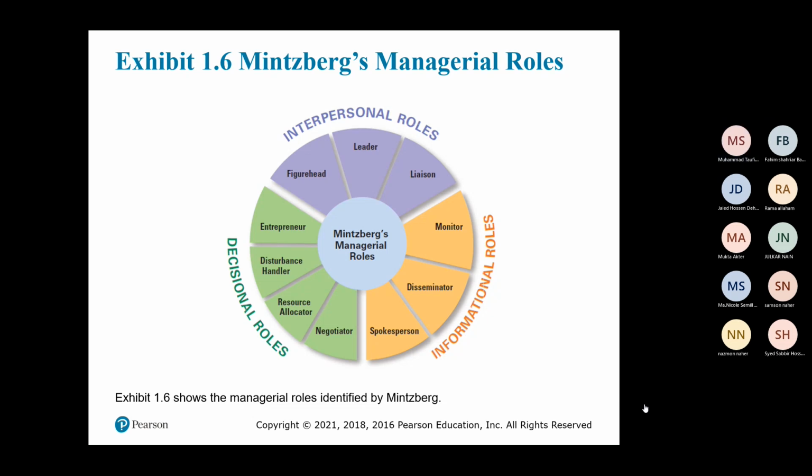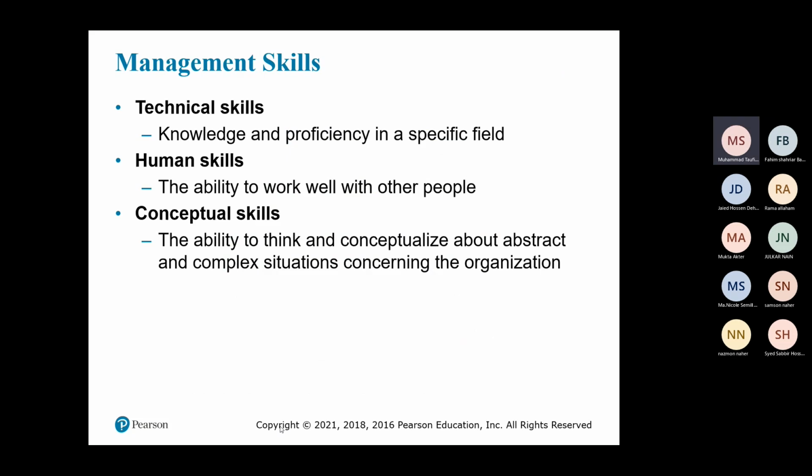All right. So let's go to the next one. That is the job function and the role of the manager in the organization. And then, to ensure that you can act the role and work efficiently and effectively as the manager, you must have the skills.